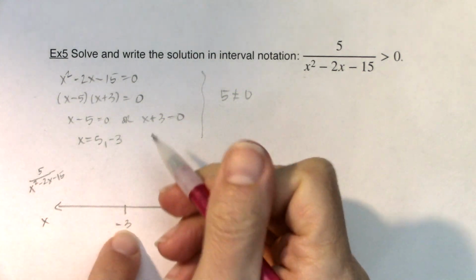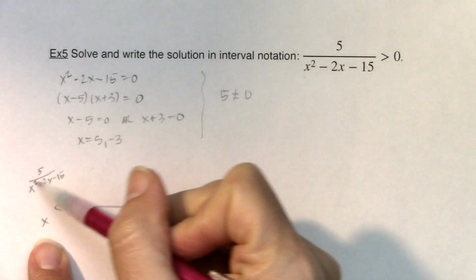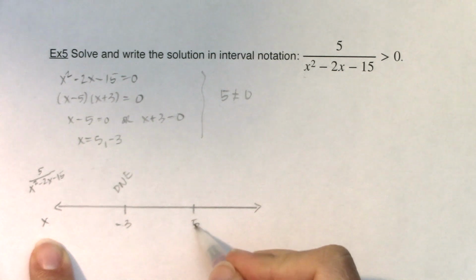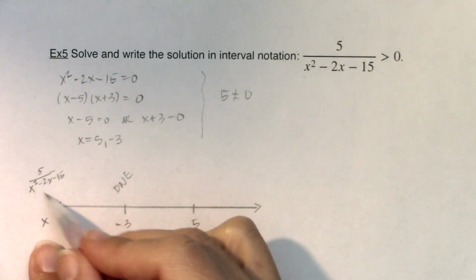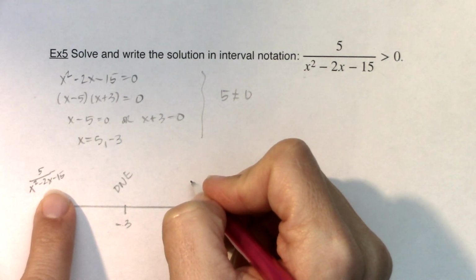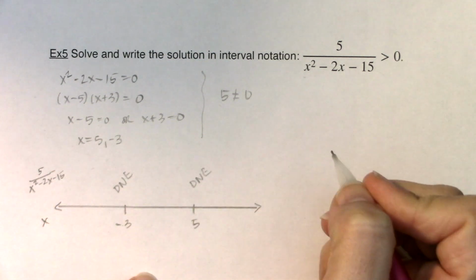For both of them, when x is negative 3, the denominator zeroes out, so ultimately that fraction does not exist. And also when x is 5, this denominator zeroes out, so the fraction does not exist, right?